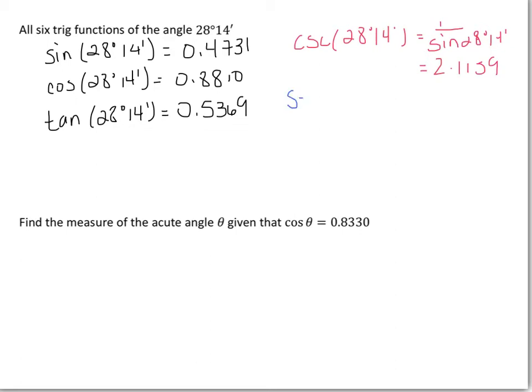The secant: you'll do 1 over the cosine of your angle, and you'll get 1.350.